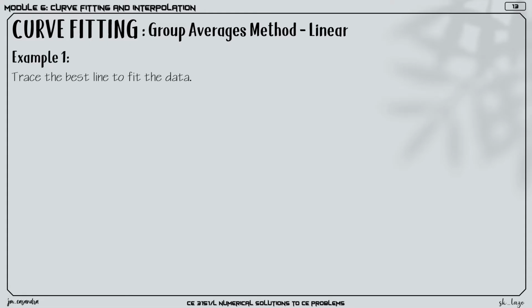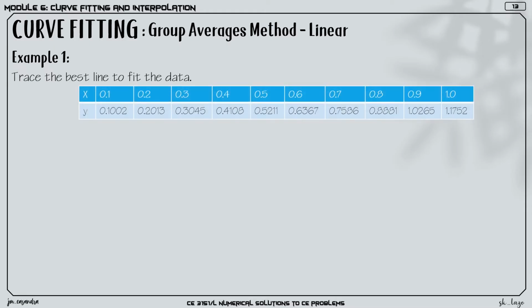So for example 1, we have to find the best line that would fit the following data. So we're given variables x, y. We first divide it into 2. So we have 10 coordinates, so we'll have basically 5 coordinates per group. Next, we add up the summation of x's for the first group.